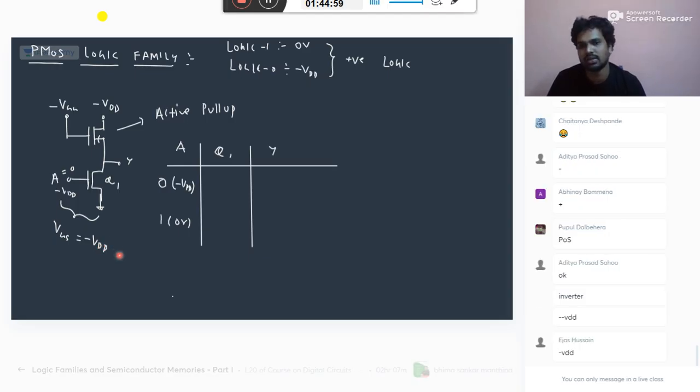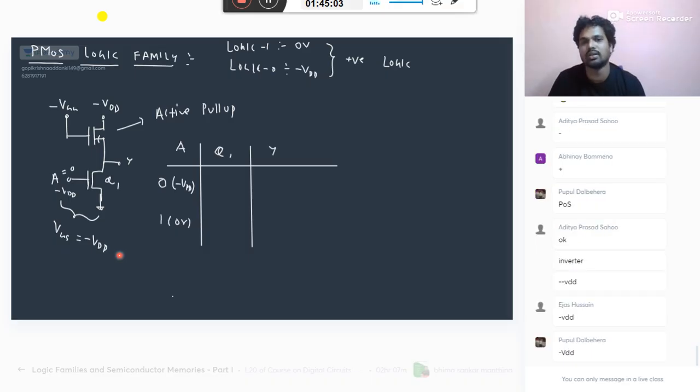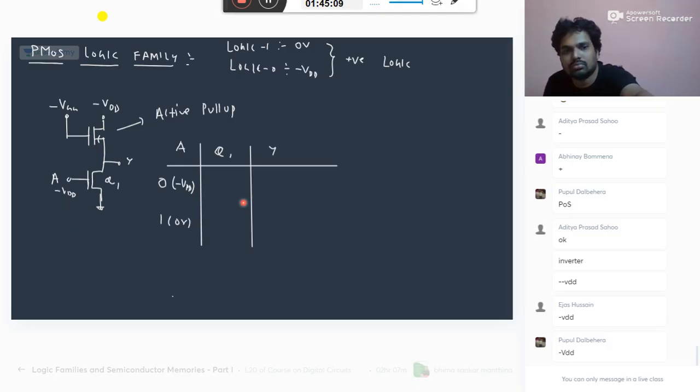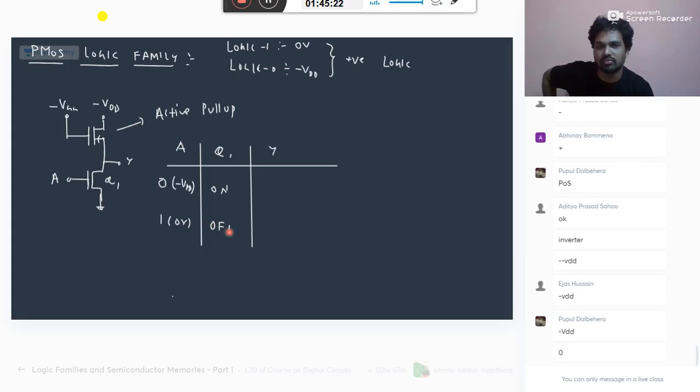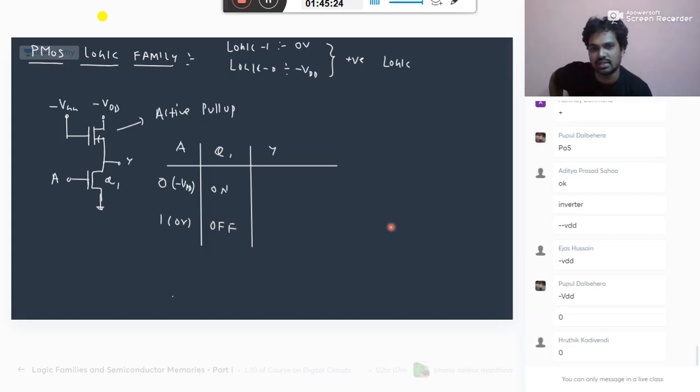The gate to source voltage is more negative, so the transistor will be on. Similarly, when it is 1, that is 0 volts, 0 minus 0 is 0, the transistor will be off.